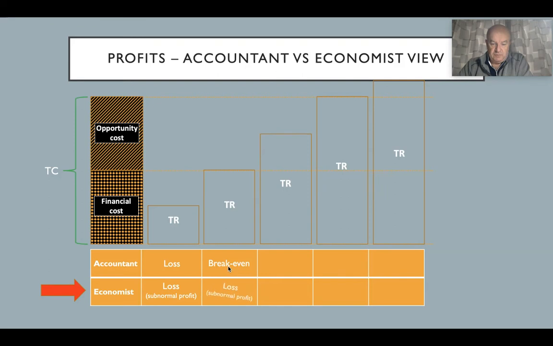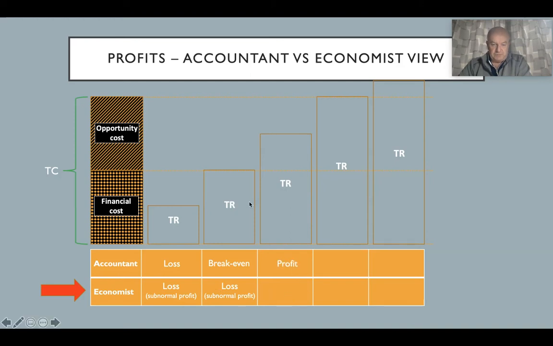The economist's view is that this is still a loss, i.e. a subnormal profit, because although the financial costs are covered by the total revenue and they're equal, the opportunity cost has not been achieved, so we are still in a position where we're making subnormal profits. Okay, subnormal profits meaning essentially losses. Let's take a look at the next example.